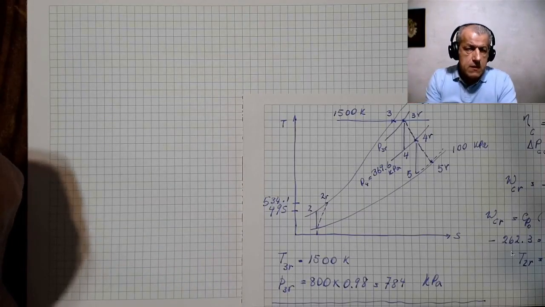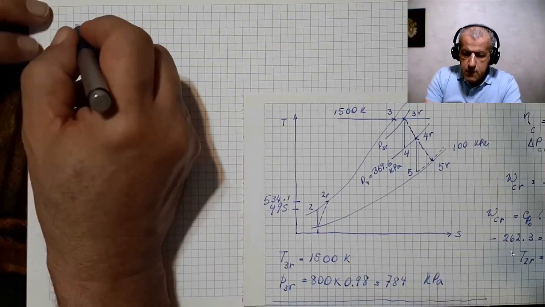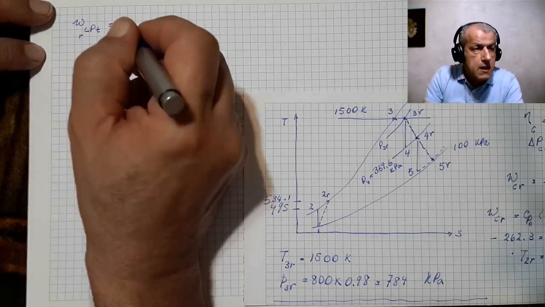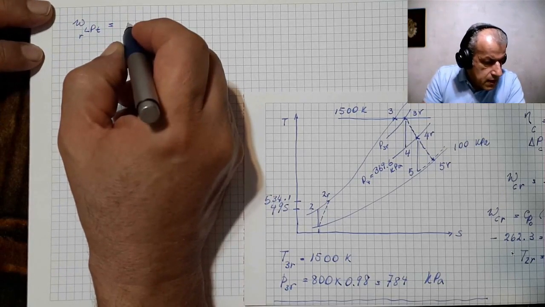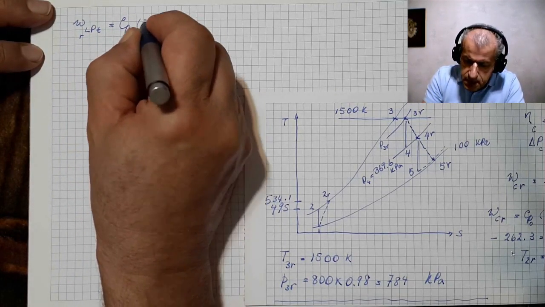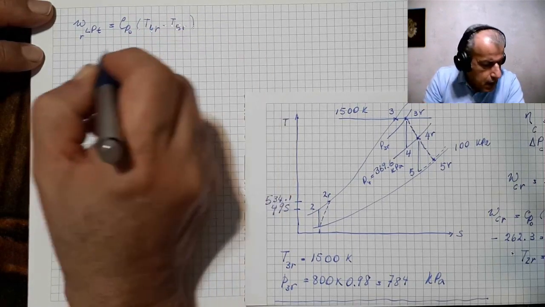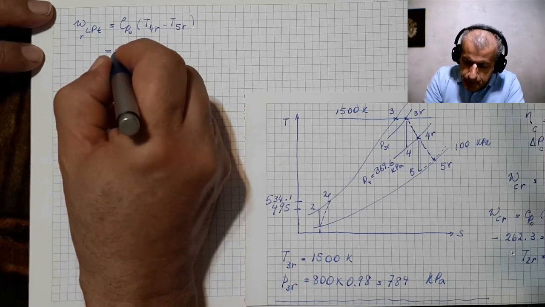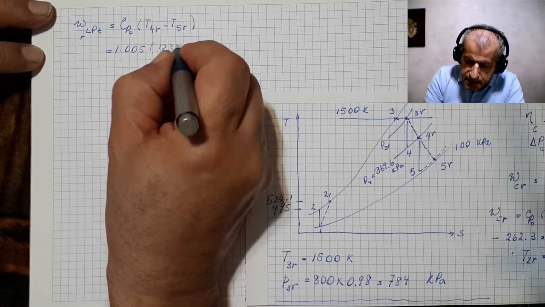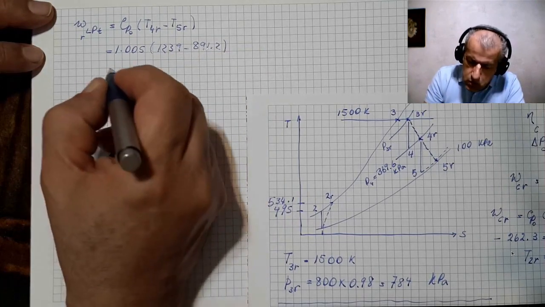Now we still need to calculate the work by the low pressure turbine, and the real work by the turbine is CP0 times T4R minus T5R, which is 1.005 times 1239 minus 891.2.